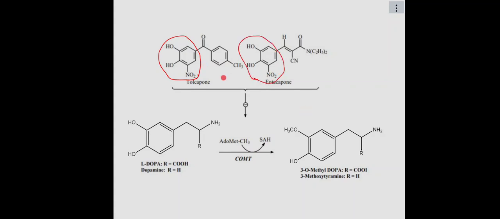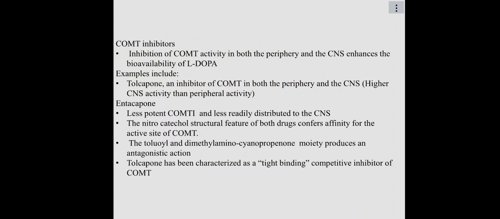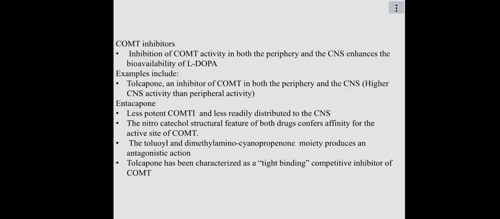So that's why we're saying the nitrophenyl group is responsible for binding the receptor, because you can see it is in both drugs. The nitrocatechol structural feature of both drugs confers affinity for the binding site of COMT.